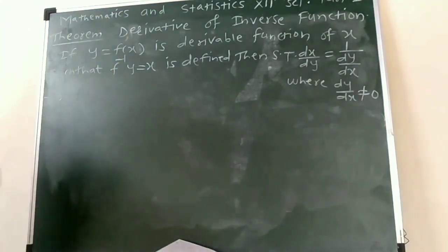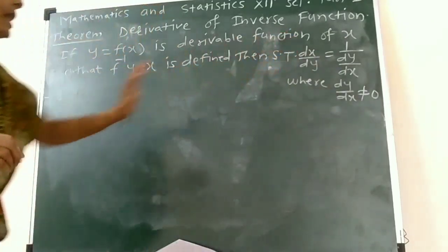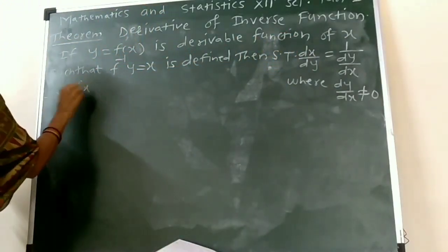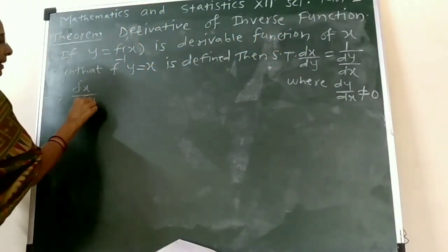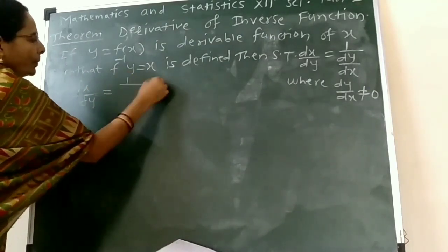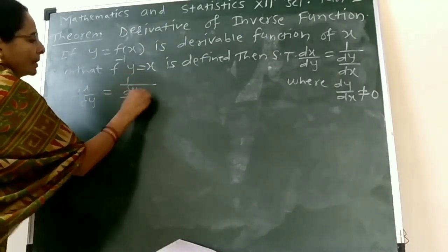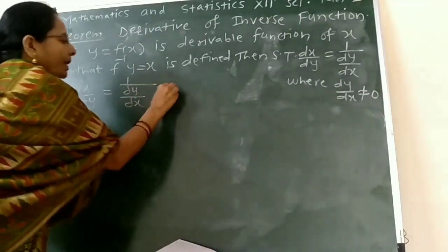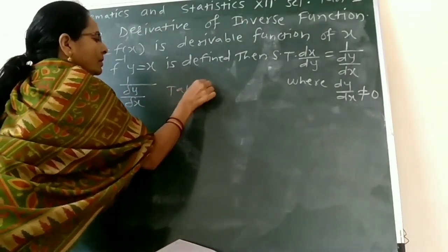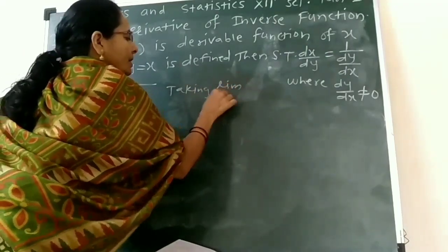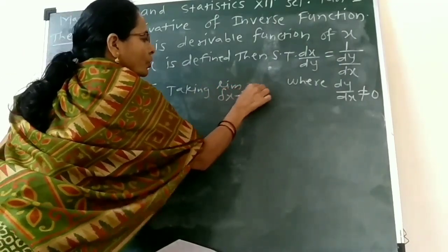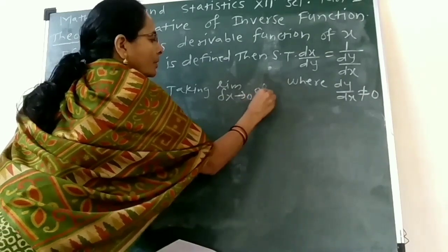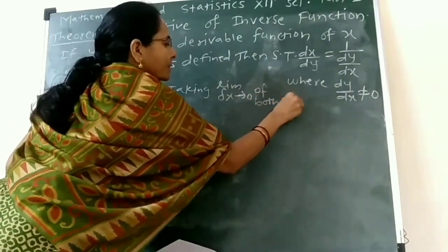For this proof, write this statement in delta form. Delta x by delta y is equal to 1 upon delta y by delta x, taking limit as delta x tends to 0 of both sides.